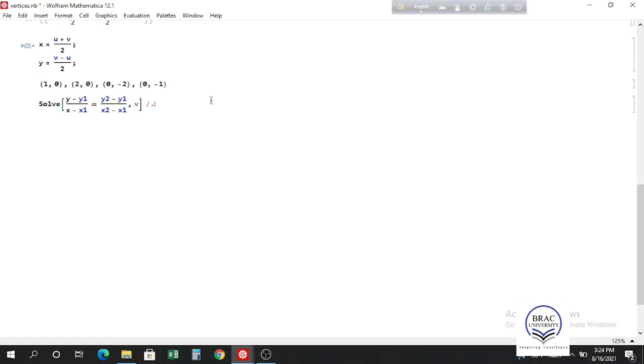So first you have to connect 1 0 and 2 0. So x1 y1 is 1 0 and x2 y2 is 2 0. So we have replaced the values of x1 y1 and x2 y2.